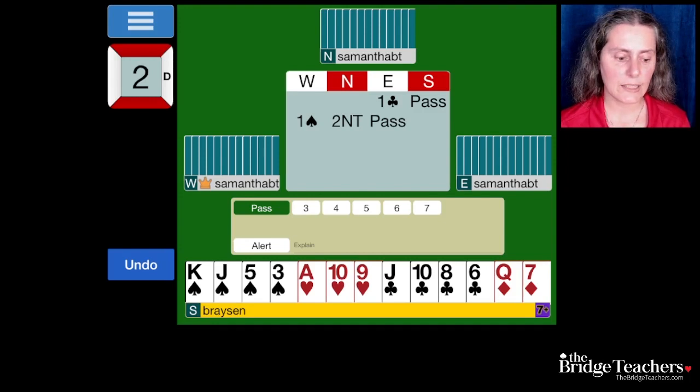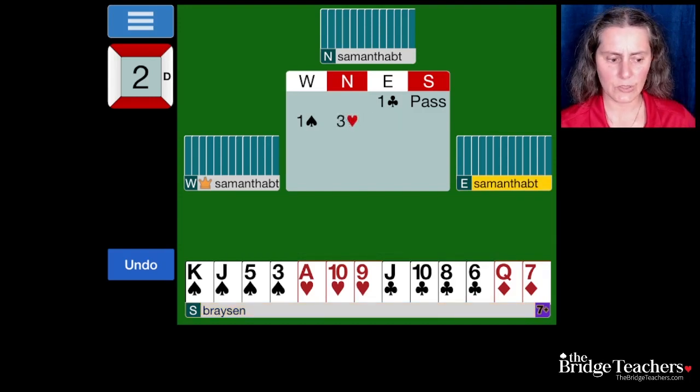For instance, let's say that partner, instead of bidding two no trump, had bid three hearts. This would not be stronger than two hearts. We wouldn't take three hearts as stronger than two hearts. Two hearts would be 10 to 16 points. Three hearts is not stronger than 16 points because, again, if partner has a hand that was too strong to bid two hearts, partner would double.